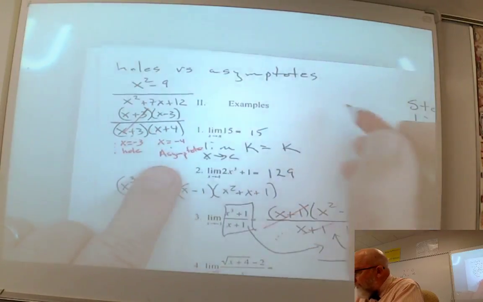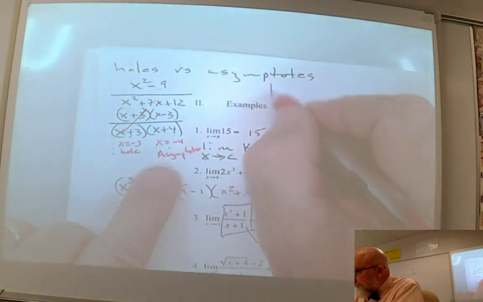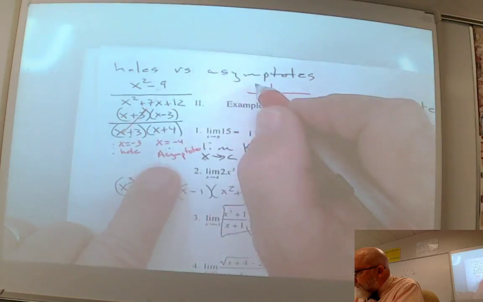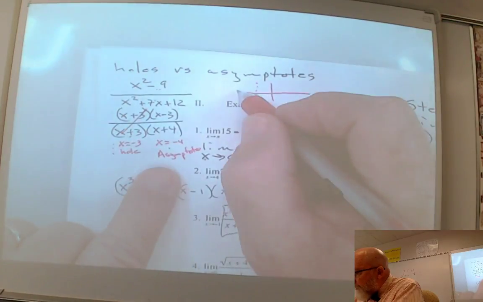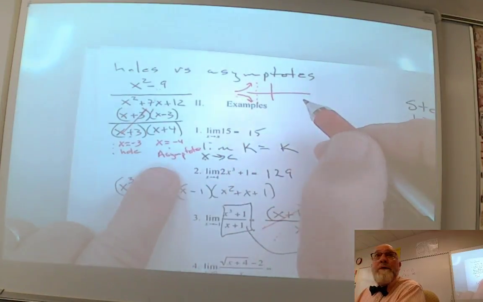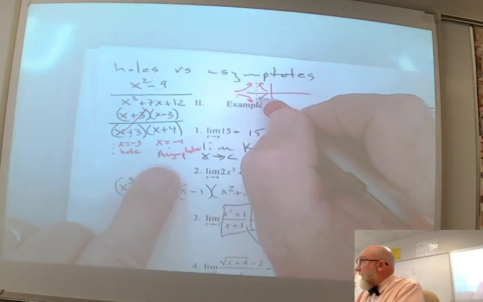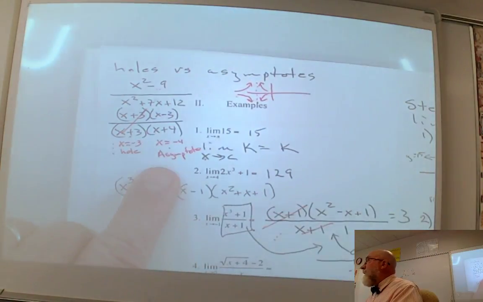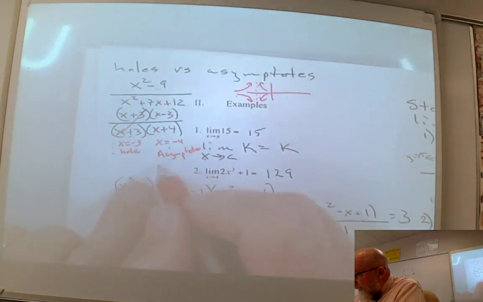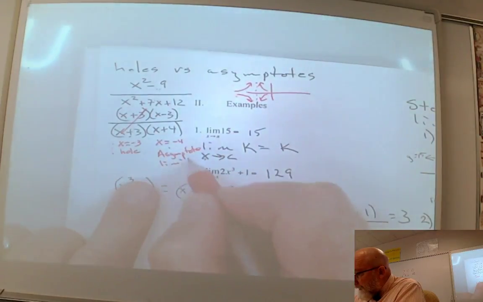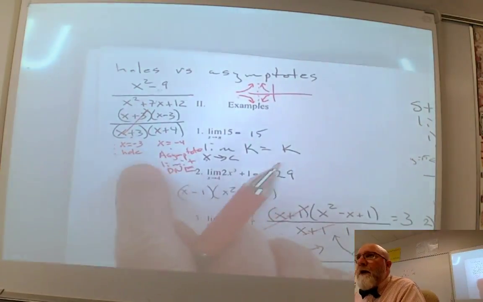When I have an asymptote, my function is either going to go up or it's going to go down, right? As I approach it, either up to infinity or down to negative infinity, correct? So the limit does not exist.